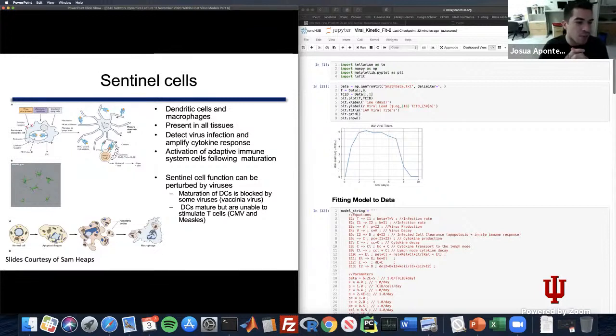So, and then I talked a little bit about this already. These are the type of cells that transport the information from the infection site to the lymph node organs. They're called sentinel cells, specifically dendritic cells and macrophages.